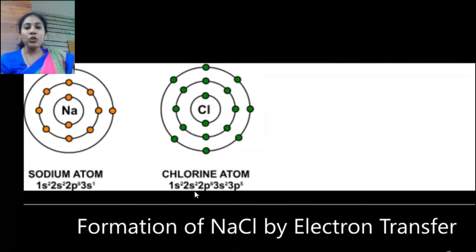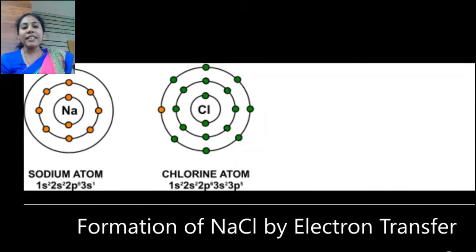Chlorine atom, chlorine's electronic configuration, first shell, second shell and third shell. And now let us observe how the electron is transferring from sodium to chlorine. Observe, guys, the electron is transferring from sodium to chlorine.